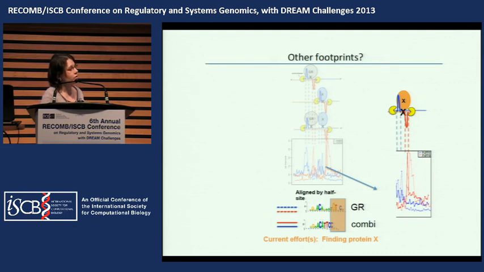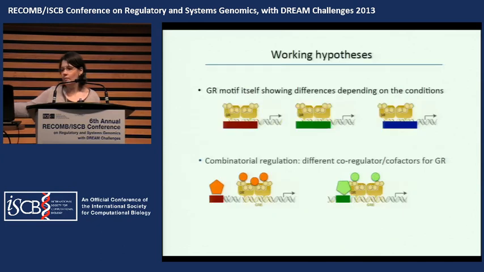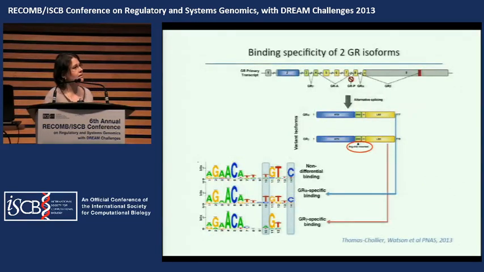So our current efforts are to try to find this protein X that we think is a possible new dimeric partner with the GR. And as I mentioned earlier, our working hypothesis is that the motif of GR would itself be different, which is our hypothesis for the case before. And we recently showed that there are different isoforms of the glucocorticoid receptor, and that 2 different isoforms bind on very slightly different motifs.